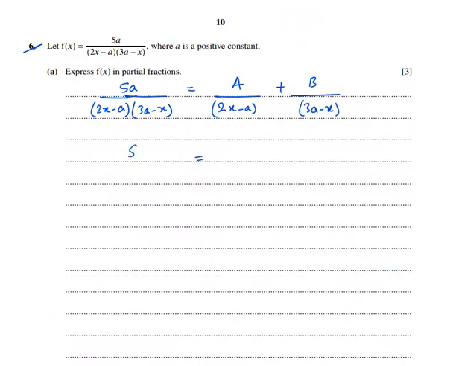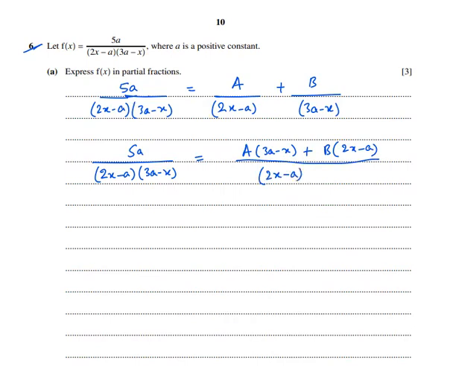So 5a divided by 2x minus a, 3a minus x. If I cross multiply this, I'll get a into 3a minus x plus b into 2x minus a, and the LCM is 2x minus a multiplied by 3a minus x.